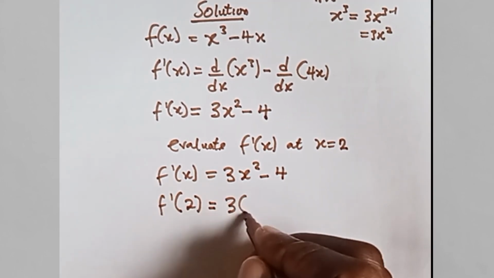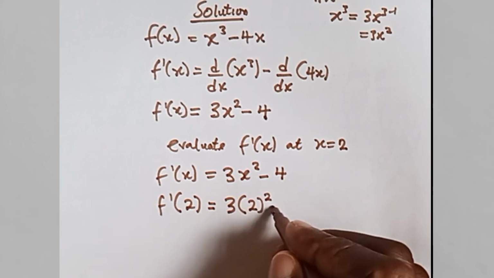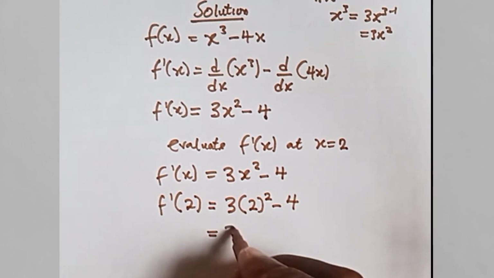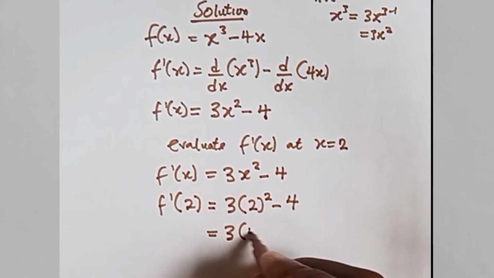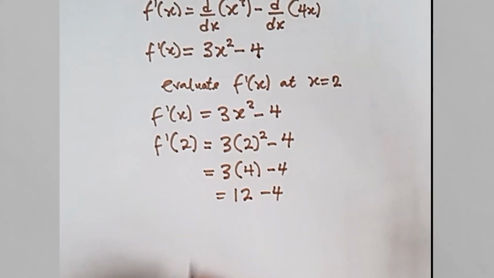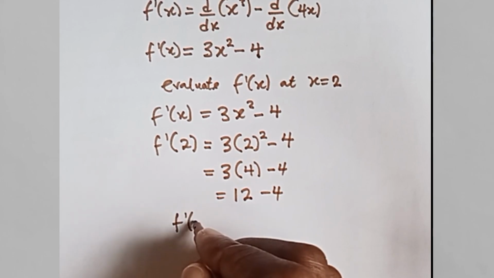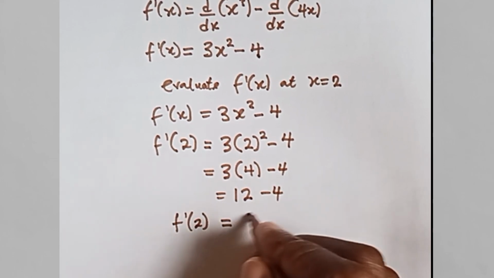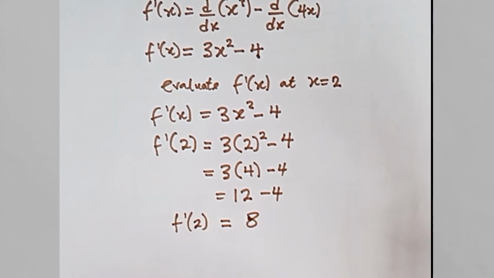We have 3 times 2^2 - 4, and 2^2 gives us 4, so that is 12 - 4. 12 - 4 will give us 8. That means the slope of that graph at x = 2 is 8, and this is our final answer.